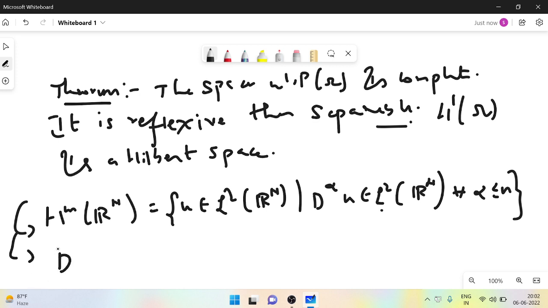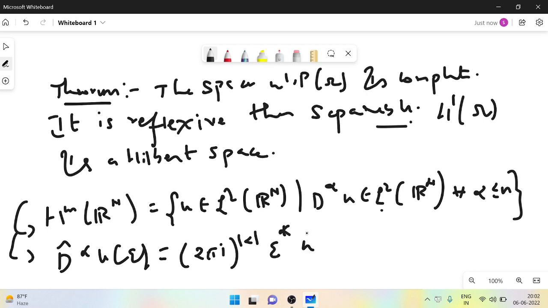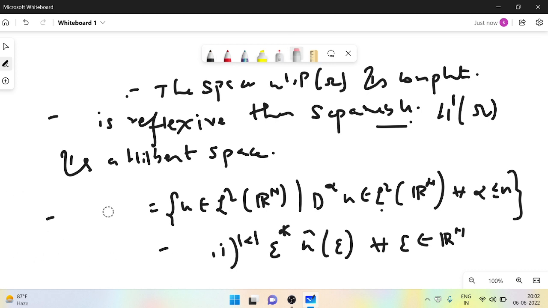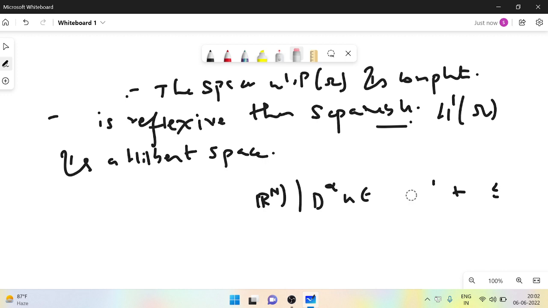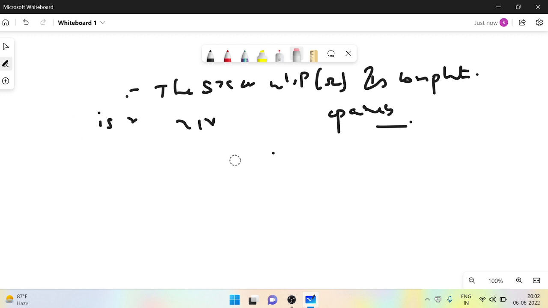If you take the derivative and the Fourier transform, the Fourier transform of D^alpha u at xi is equal to (2 pi i xi)^alpha times u hat of xi for all xi in Rn. So I'm trying to define an H space like that, a space where all the derivatives live.